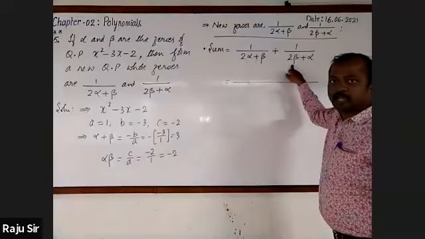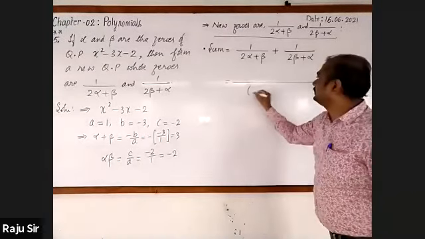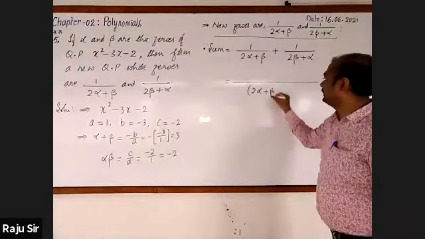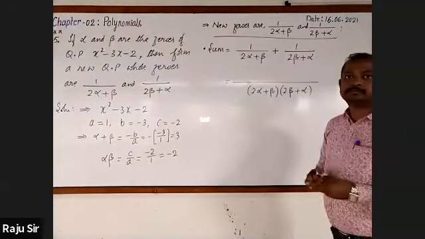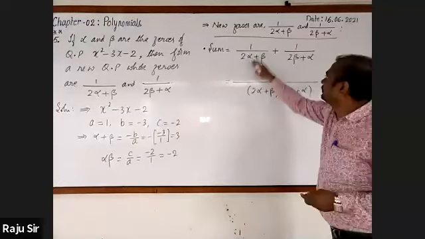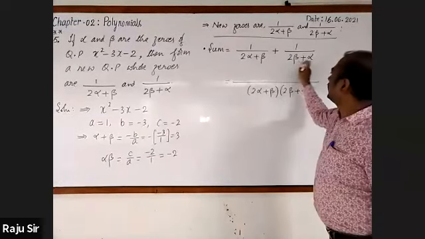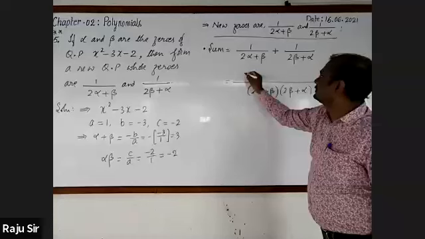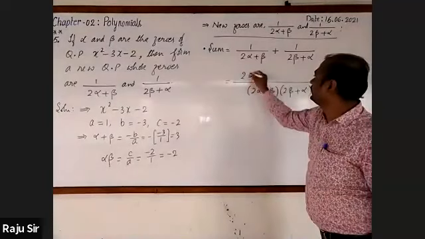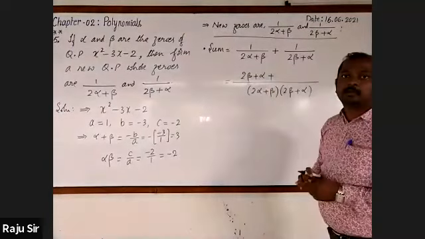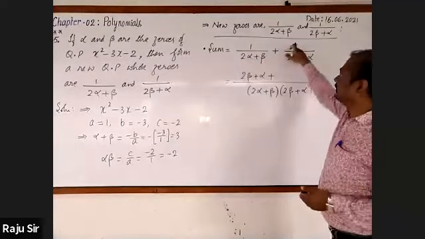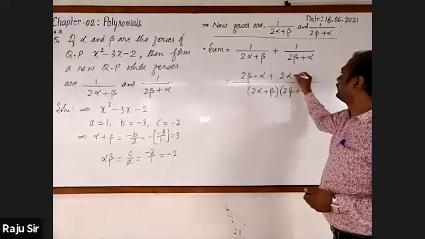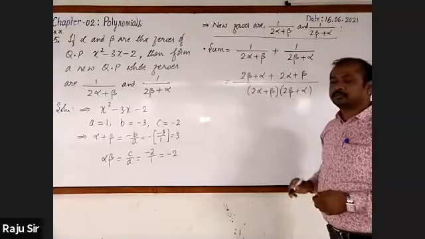Then take the LCM of the denominators. As both are different, you can write 2 alpha plus beta into 2 beta plus alpha. Then cross multiply. 2 beta plus alpha, alpha into 1 is 2 beta plus alpha only, plus 2 alpha plus beta into 1 is 2 alpha plus beta only.